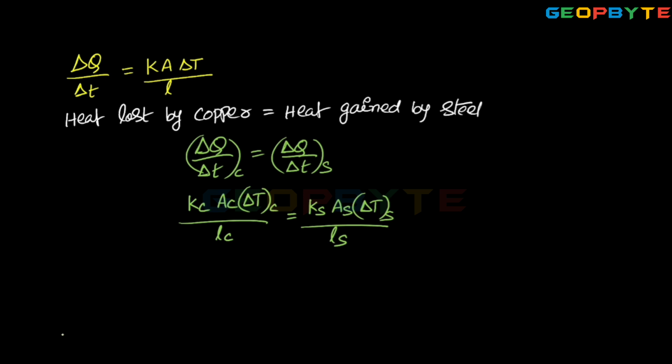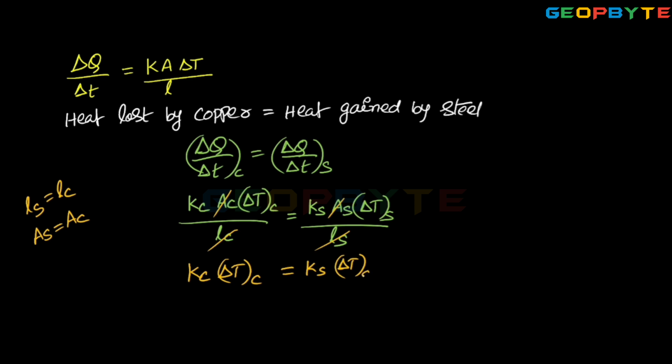But it is clearly given that the length of the copper equals length of the steel, and area of cross section for steel equals area of cross section for copper. So these two are cancelling. Kc into delta T for copper, change in temperature of copper, equals Ks into delta T for steel.